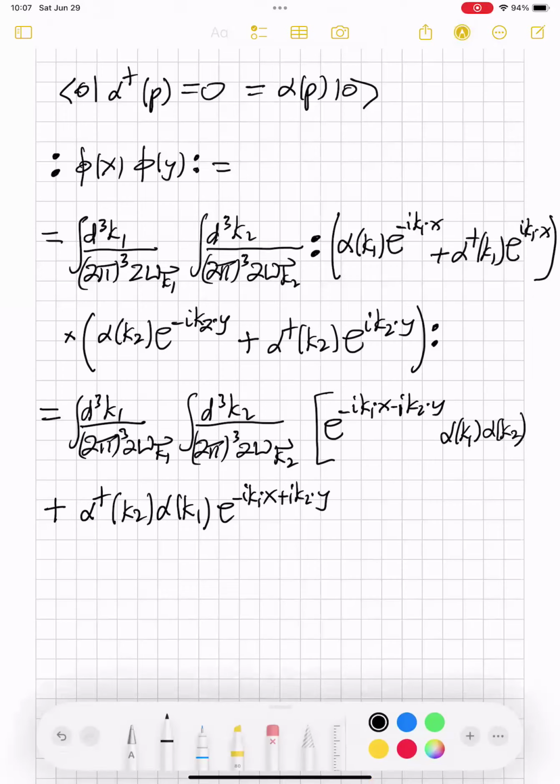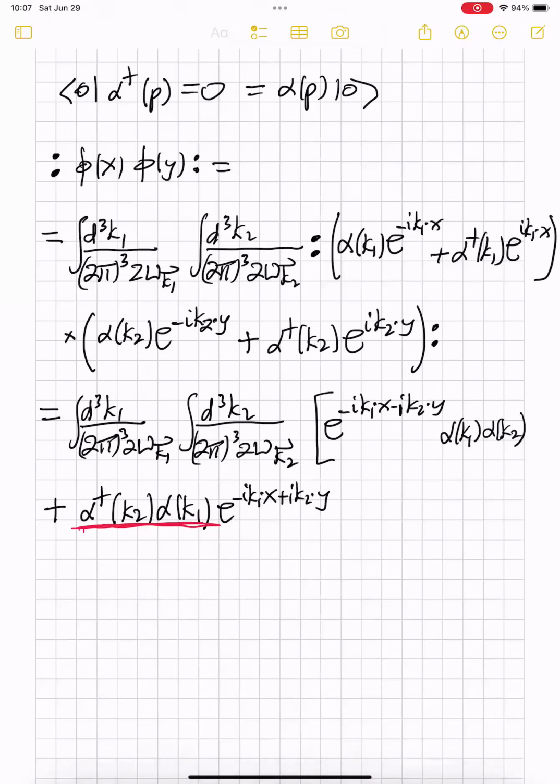So let me just stress this. I'm going to underline this term in red because for this term, we actually swapped the order. And that was because we're looking at the normal ordered operator and not the product of the operators. We've chosen a specific ordering. So we need the alpha dagger of k2 times alpha of k1.